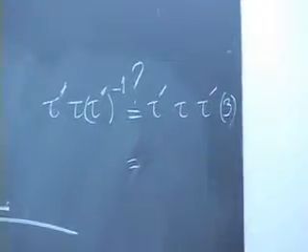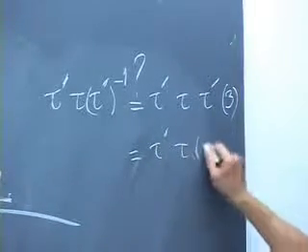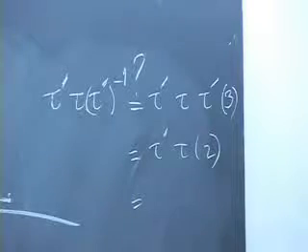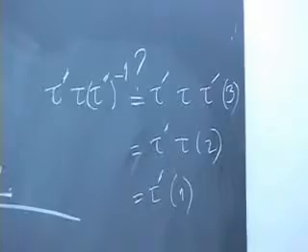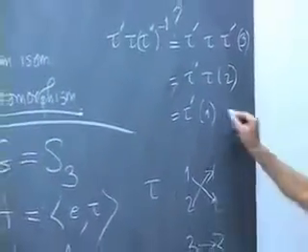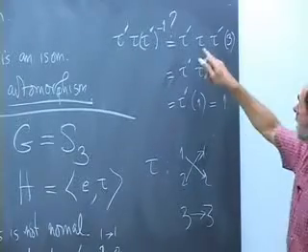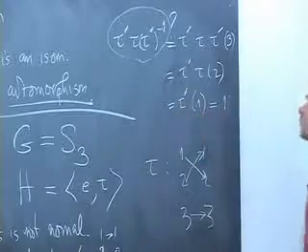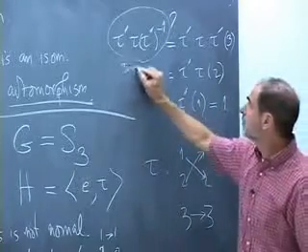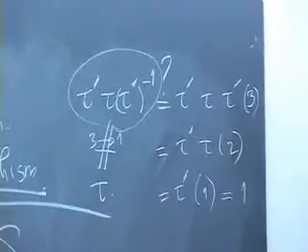So we'll apply it to the element 3. Tau prime of 3 is 2. So this is tau prime of tau of 2. Tau of 2 is 1. So this is tau prime of 1. And tau prime of 1 is equal to 1. So this element does not fix 3. It takes 3 to 1. So in particular, it's not equal to the element tau.